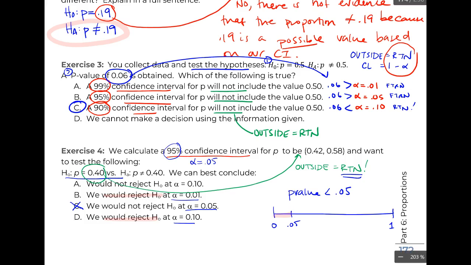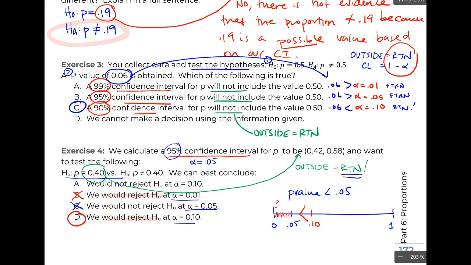Well, if our alpha is 0.01, then we don't really know what's going to happen, right? The possible values were both above and below that. So I can't make a conclusion there. But 0.10, that's here. And any possible value, right? Anything in this area is less than 0.10. I'm basically making it easier to reject the null.